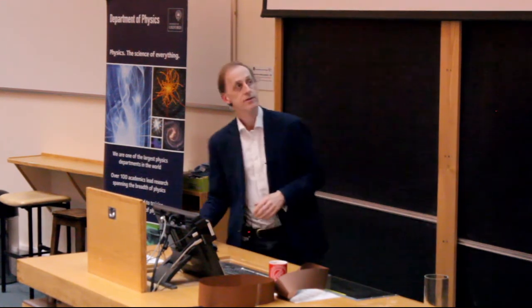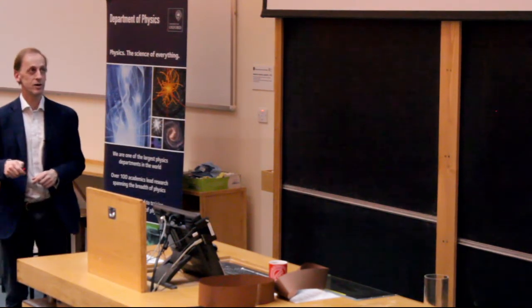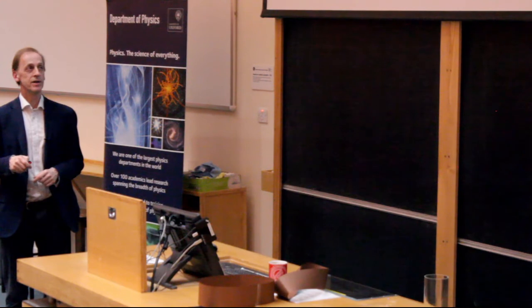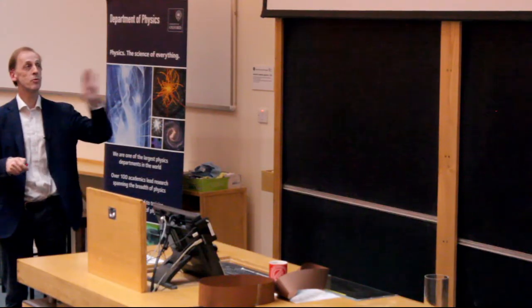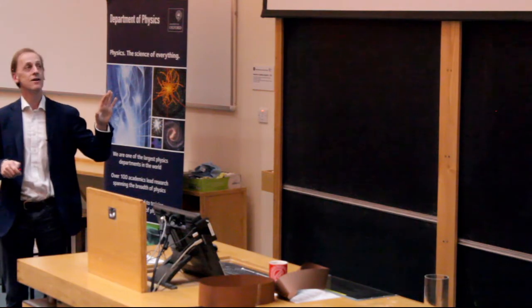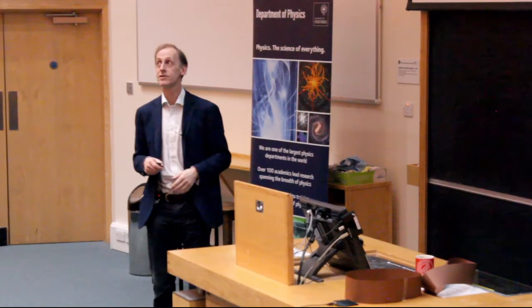It's a bit like this millipede. Of course a millipede is an incredibly complex organism, but the motion of a millipede can really be summarized in terms of a simple sinusoidal wave-like motion of its legs. So you can strip away all the messy complexity of what a real millipede is, and in terms of its motion, just think about a simple sine wave-like motion of the legs.